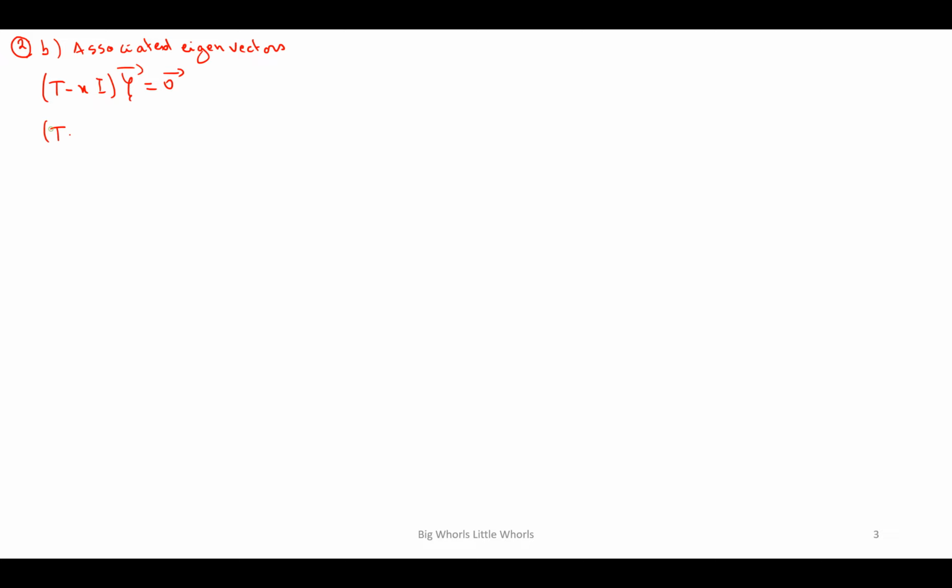So (T minus xI) multiplied by beta equals 0.